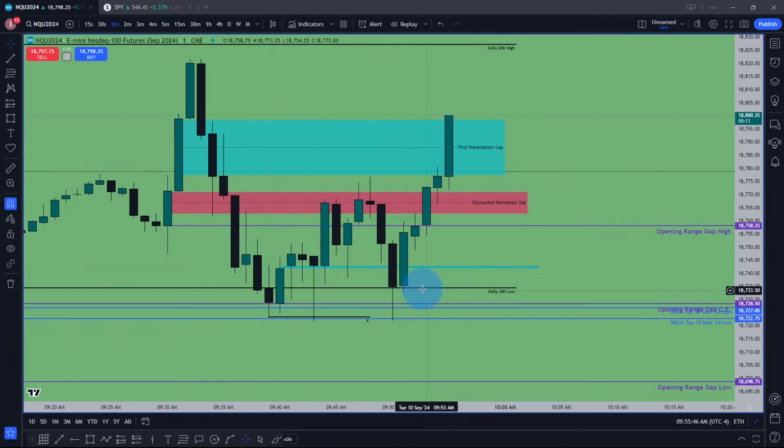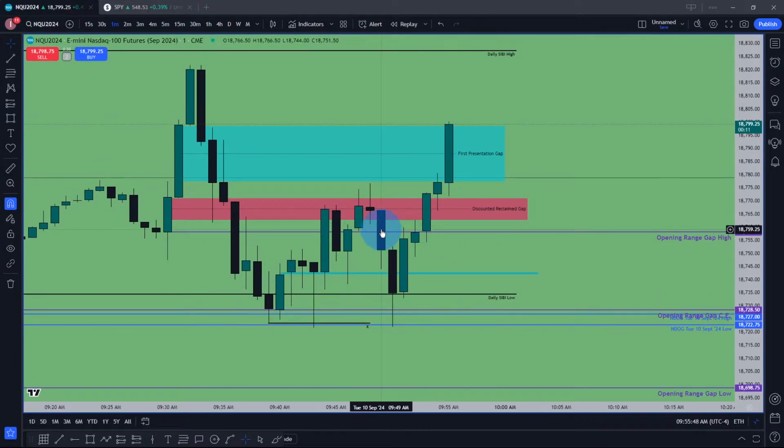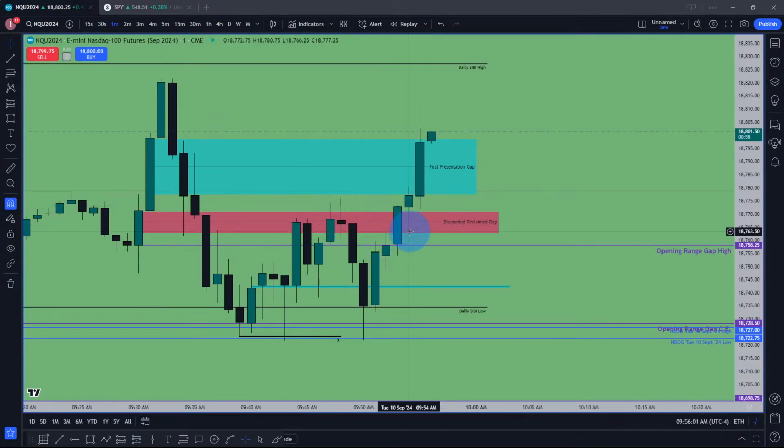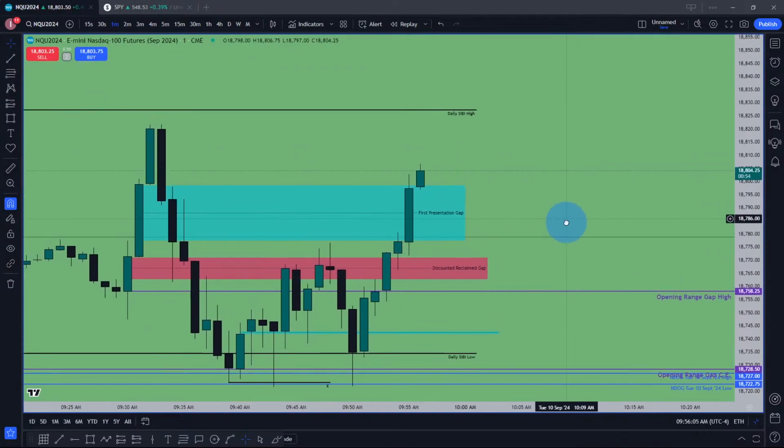The breaker within here held, and it's sending price higher. And this inversion here is a sign that price wants to switch order flow. This is evidence as well, and as well as this low here being sent down into the discount reclaim gap, respecting the consequent enforcement and then sending it higher.